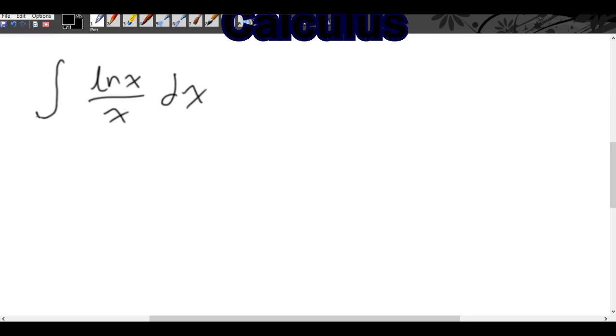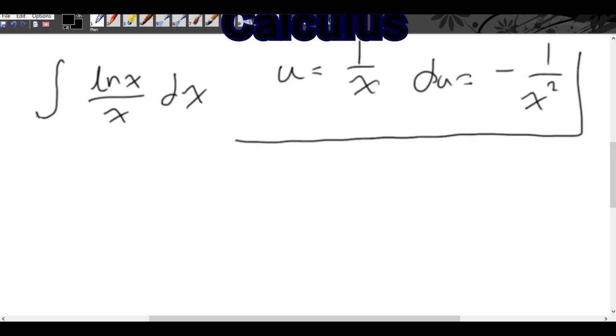So I'll give you a perfect example. Say we use the u substitution in the wrong place, say 1 over x, and the du will be minus 1 over x squared. The purpose is to plug it back into this equation to simplify it even further.